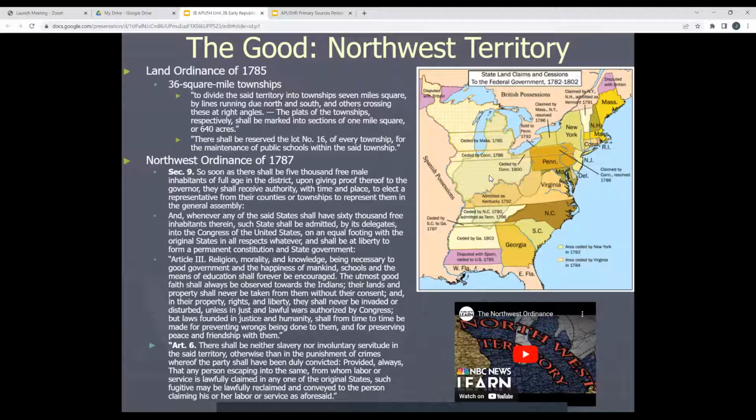But these also have plantations. The southern states also have plantations, and that could be economic competition.